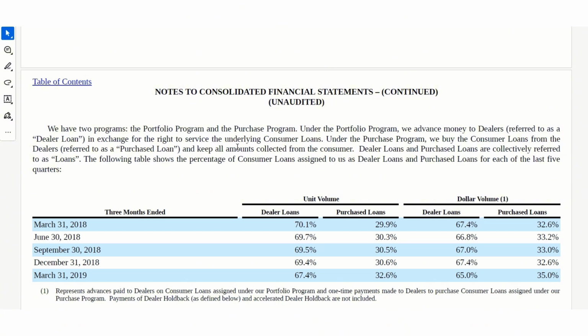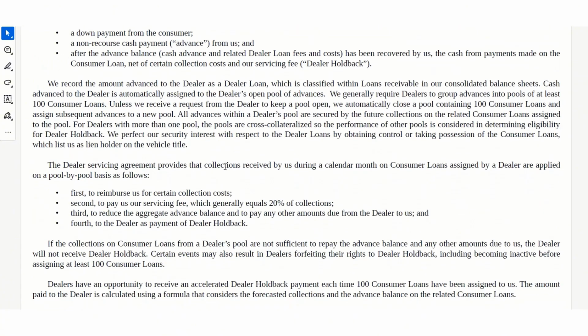And keep all amounts collected from the consumer. Dealer loans and purchase loans are collectively referred to as loans. The following table shows the percentage of consumer loans assigned to us as dealer loans and purchase loans for each of the last 5 quarters.